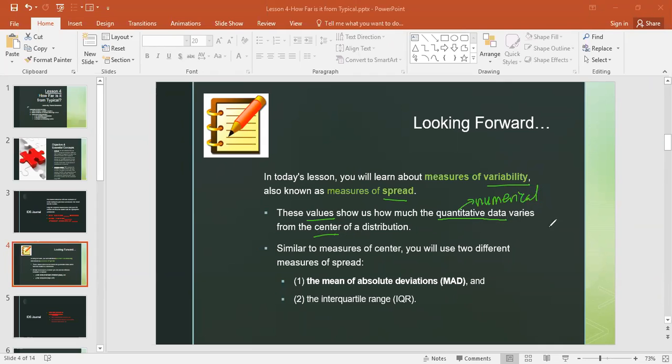We can only use measures of spread, and mean and median, with numerical data, numbers, not categories. So how much variation our data has from the center of our distribution, the mean or the median.